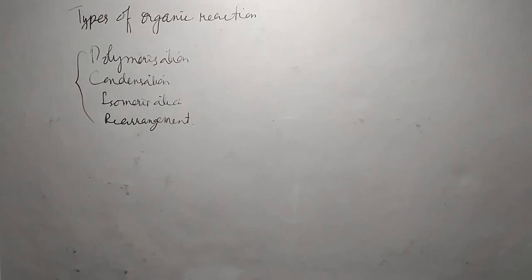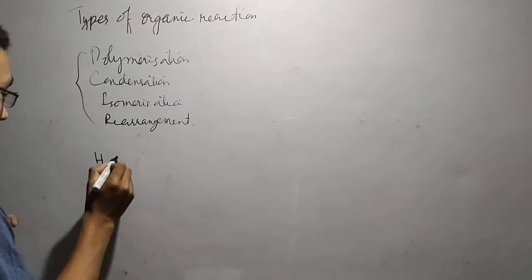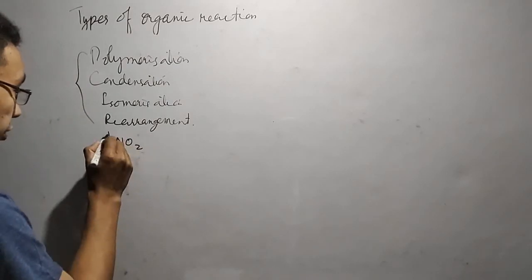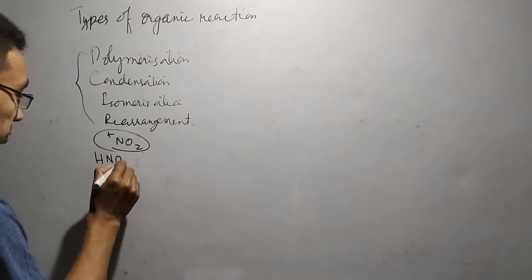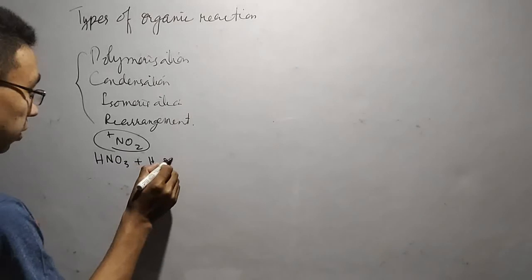So I've given already one task, that is to find out the stability of the carbocation and anion. Then another one, I want you to find out, nitration. See this NO2 plus we are getting from HNO3 and H2SO4.